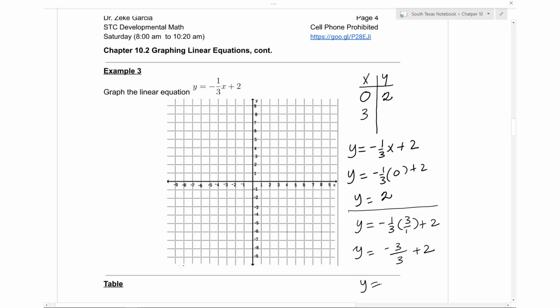Negative 3 divided by 3 is negative 1, plus 2, which is 1. So we have (3, 1). Our ordered pairs are (0, 2) and our next ordered pair is (3, 1). We start at the origin.